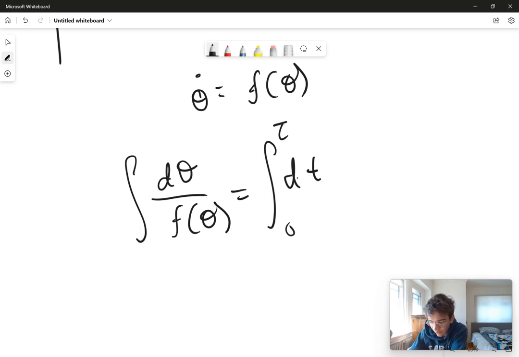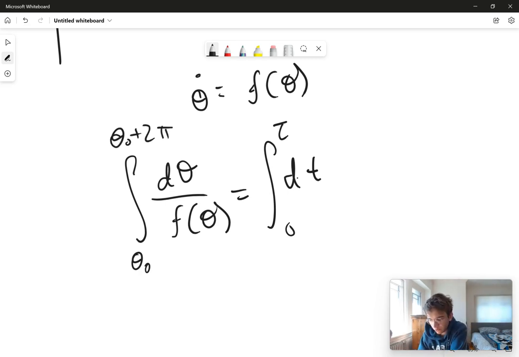And then for the left-hand side, I observe that in one period, my angle is going to change from my initial angle to 2 pi plus that initial angle. So I'll just put it like this. Sorry. Theta naught to theta naught plus 2 pi.